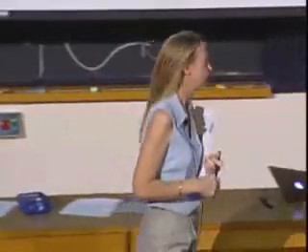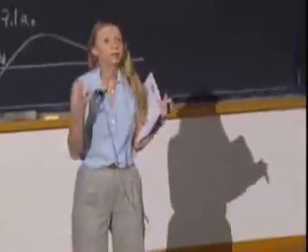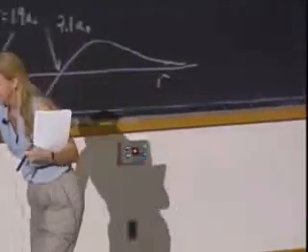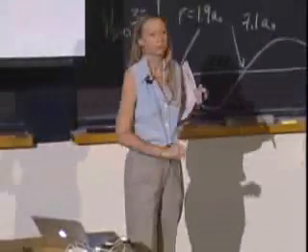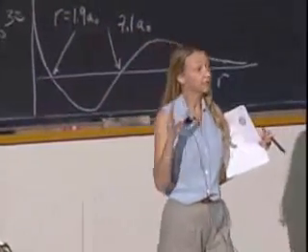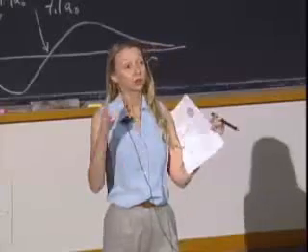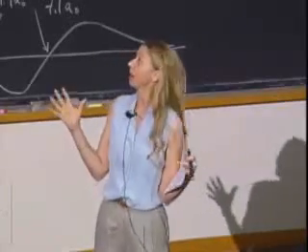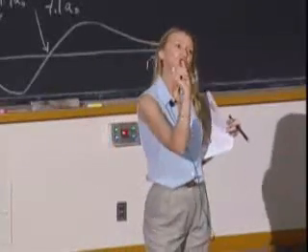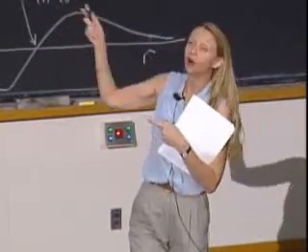The radial probability distribution is the probability of finding an electron in a spherical shell. That spherical shell will be some distance r away from the nucleus, so it will have a radius r, and it will have a thickness, which we're going to call dr.